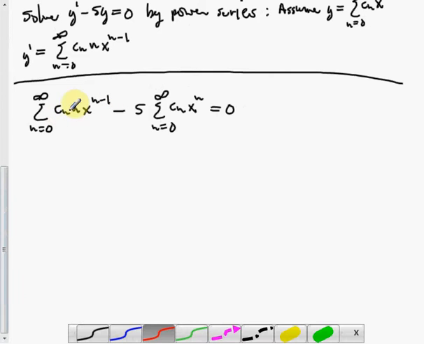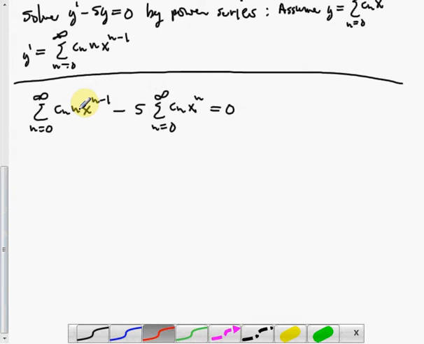If n is equal to 0, then for that first term, this is a summation, so I'm adding up several terms, right? What happens at n equals 0, plus what happens at n equals 1, plus what happens when n is equal to 2, and then so on. So for the very first term, when n is equal to 0, for this guy, notice that first term comes out to be 0.